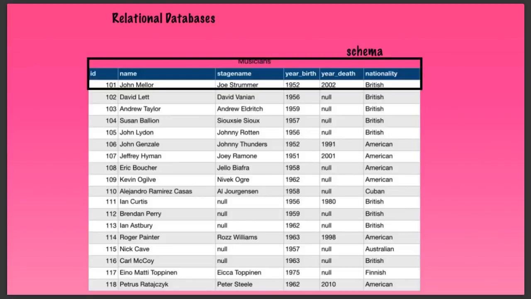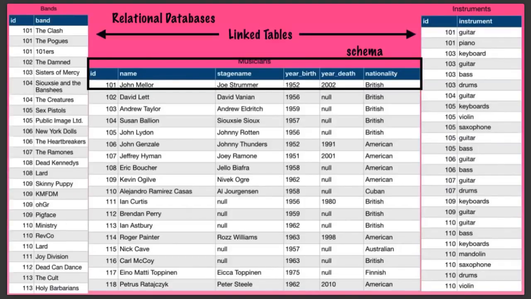So a database is created, the schema is set at the beginning, and if I want to add some other information, let's say I want to add the instruments that these people play and the bands they're in, I can either add extra columns, or I create additional tables, and those tables get linked. So the ID number links both of those tables back to the initial table.